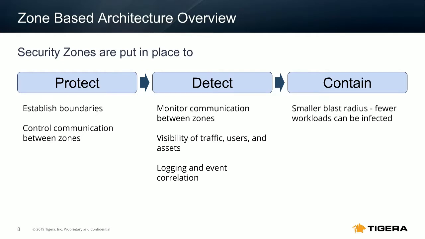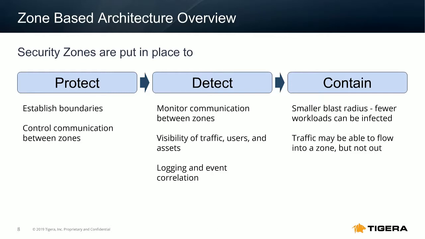They're looking at the signatures of these different network flows and identifying malicious traffic which is coming through. And then you want to contain any type of breach or infection of the environment. By splitting this into multiple zones, you have smaller pockets of applications, so that if you do have some advanced persistent threat, it has fewer workloads it could infect.